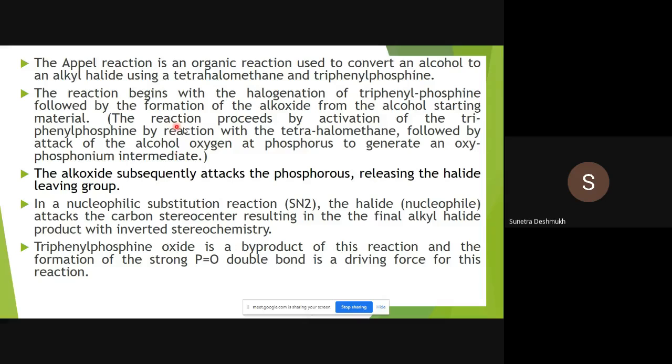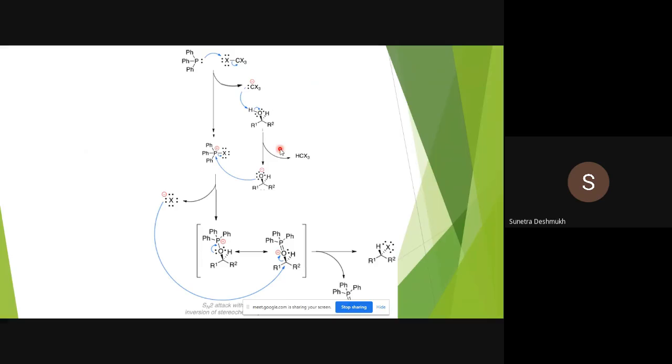So we first do the reaction between CCl4 and triphenylphosphine. The reaction proceeds by activation of the triphenylphosphine by reaction with tetrachloromethane. We will now see how CCl4 activates the triphenylphosphine and how that reacts further.